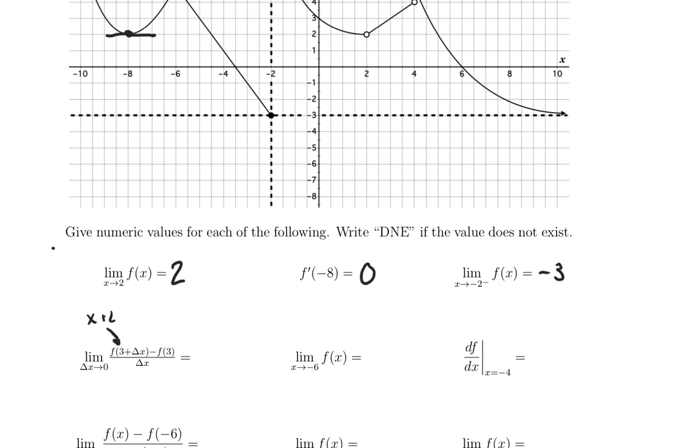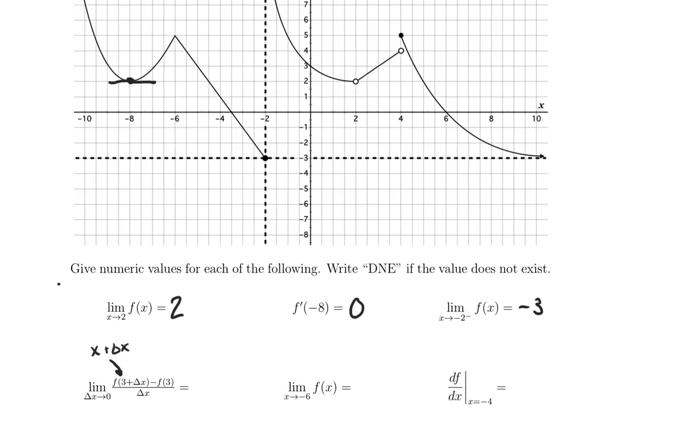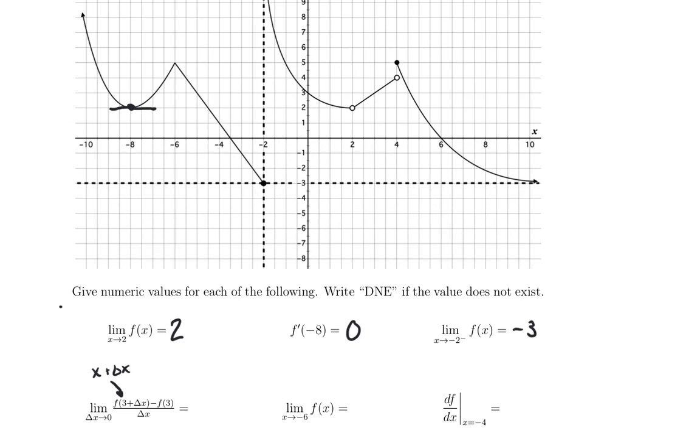So we have x plus delta x in this case, so that's saying that we're going to try to find the rate of change at 3 as that delta x goes to 0, which means we're looking for the instantaneous slope when x is equal to 3. So I'm going to go to my point 3, it's about right here, and I'm going to go up here, and I can see that this section is a linear line.